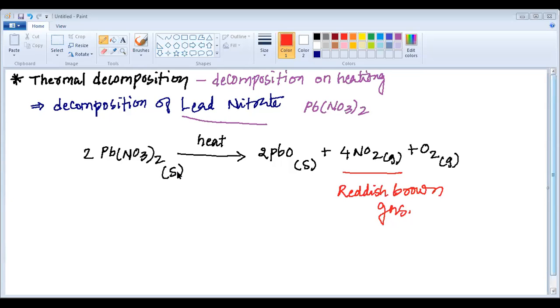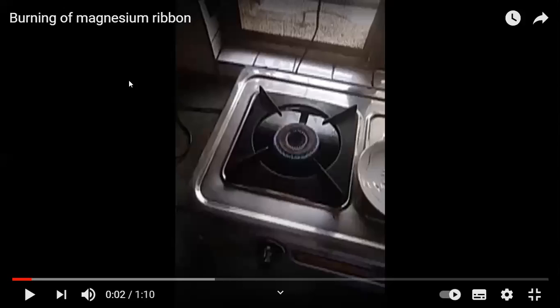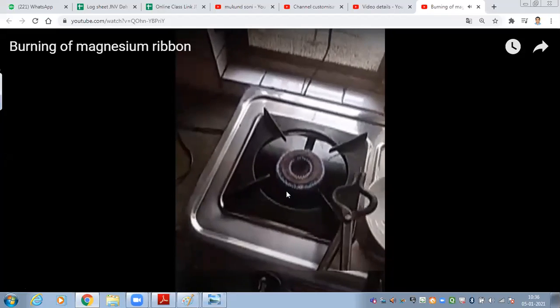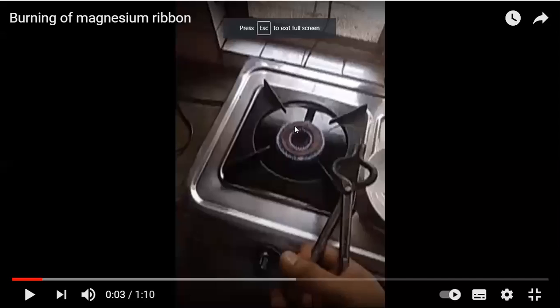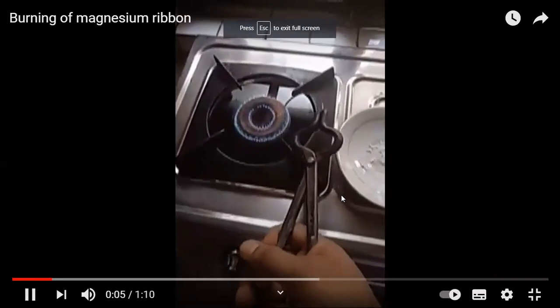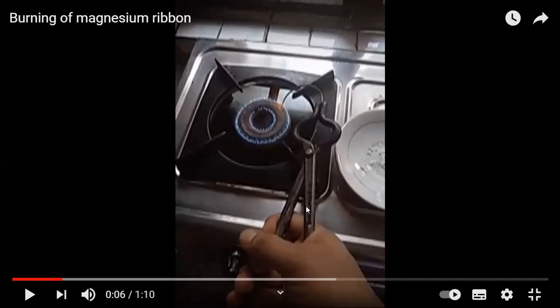Please tell. Let us see the burning of magnesium ribbon. Can you see the screen? Hello. Yes, sir.